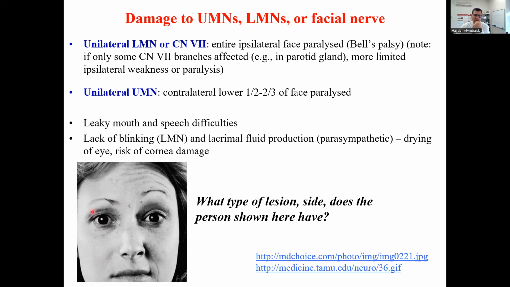When you look at the right side paralysis, do you think it's a complete paralysis of the right side or just the lower half of the right side? See the wrinkling here as compared to here, complete. Beautiful, thank you. So this woman has a complete paralysis of the right side of the face, so it fits really well with Bell's palsy, or right facial palsy.